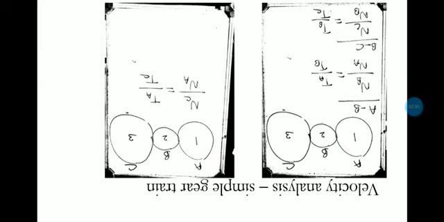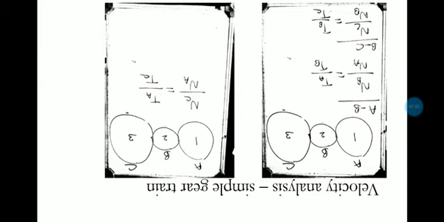Then B and C: NC by NB equals TB by TC. Next, multiply both. On the left side NB gets cancelled, so we get NC by NA. On the right side TB gets cancelled, so we get TA by TC. So NC by NA equals TA by TC.